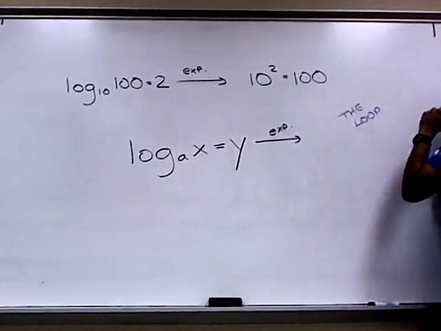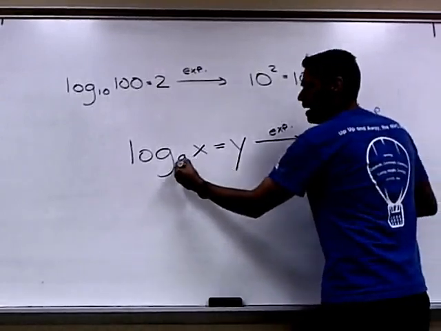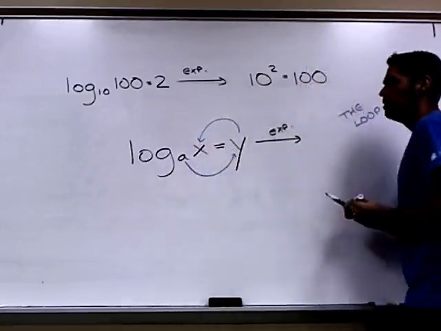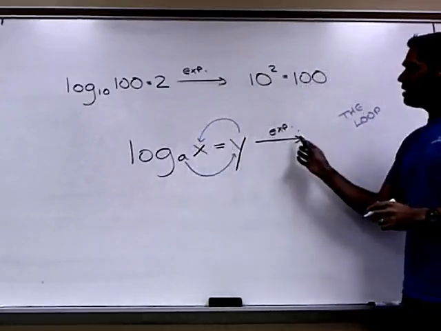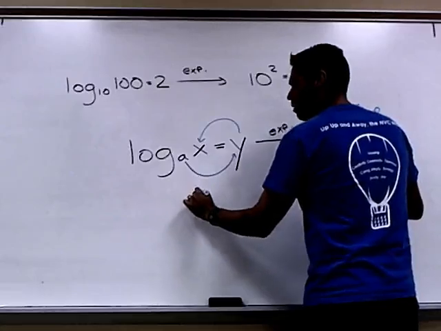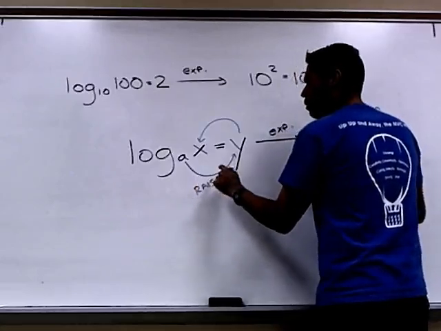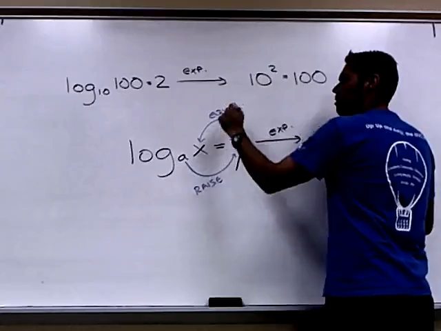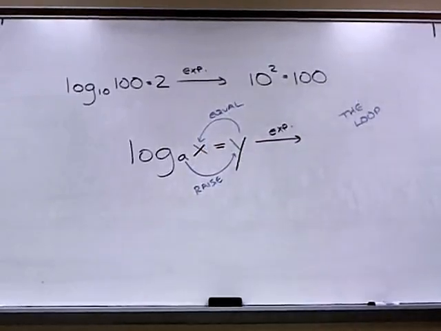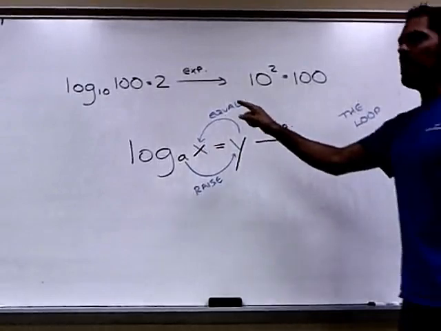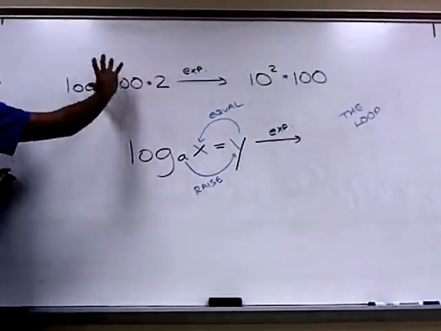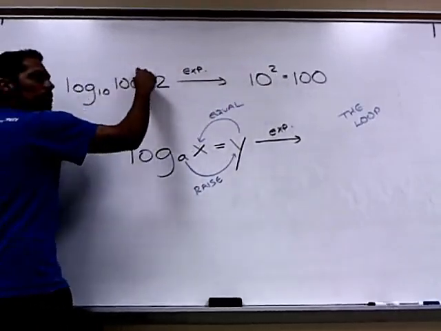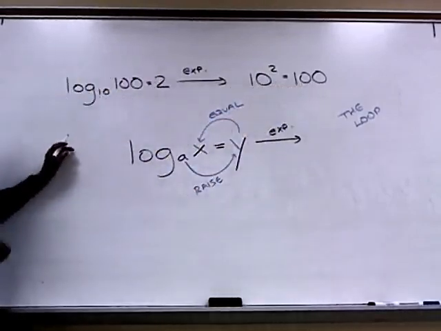Here's the loop. You take the base, you loop it around to the y, loop that back into the x. So what we're saying is to convert this to exponential, we will take A, we will raise it to the y, right? And that will then need to be equal to whatever was here. Do y'all agree with that little loop thing? You'll see it? Like back here, if I want to convert that to exponential, I take the 10, I raise it to the 2, and set that equal to whatever was in here, 100. See it?